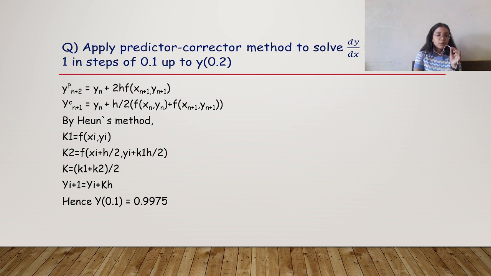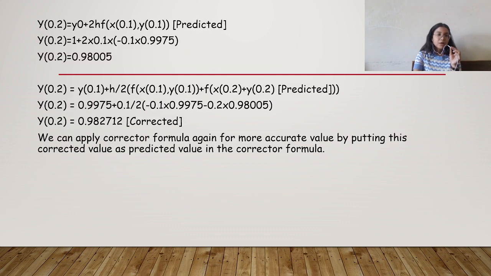Hence, y of 0.1 equals 0.9975. y of 0.2 predicted equals y0 plus 2h times f(0.1, y of 0.1), which equals 1 plus 2 multiplied by 0.1 multiplied by minus 0.1 into 0.9975, so y of 0.2 equals 0.98005.